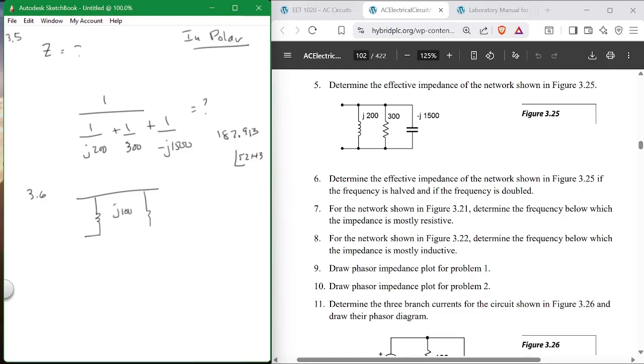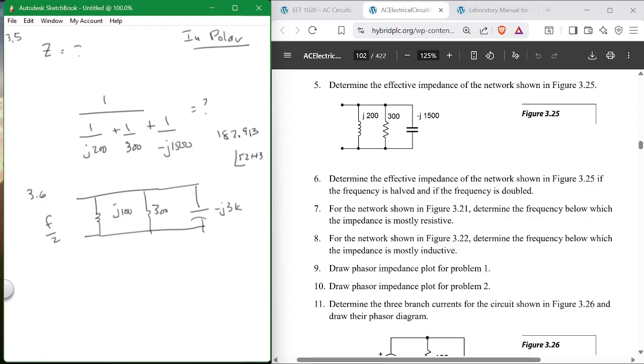The 300 stays as is. If you take the denominator and divide it by 2, what happens? It goes up. So this would be a minus J3K. Any questions? So if you have the frequency F over 2, you get this.